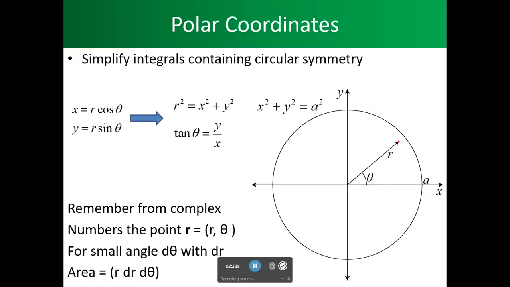Okay, so as we use polar coordinates to simplify the integral containing circular symmetry, we have here some formulas we need to remember. x equals the cosine of theta times r, and then y equals the sine of theta times r.